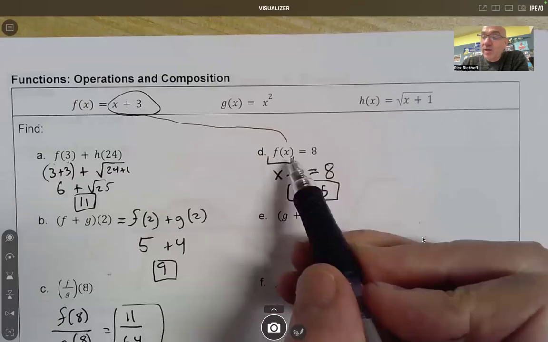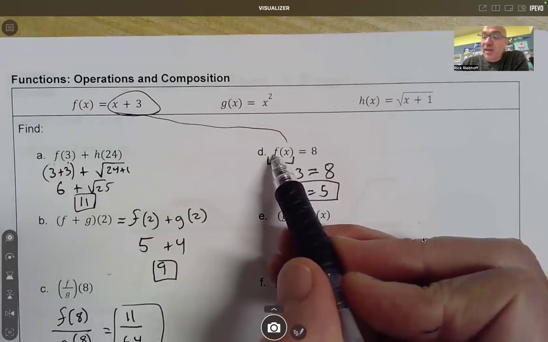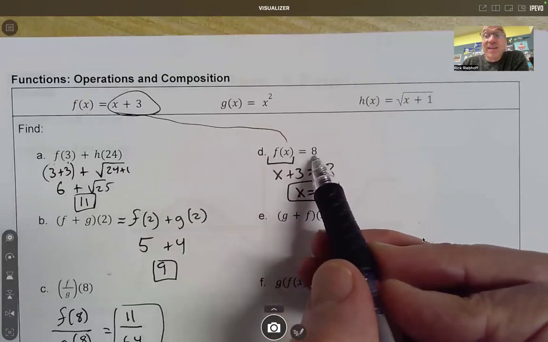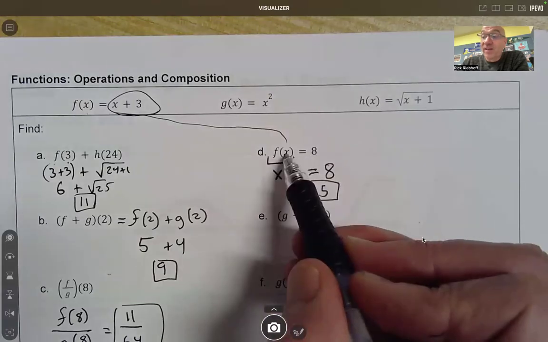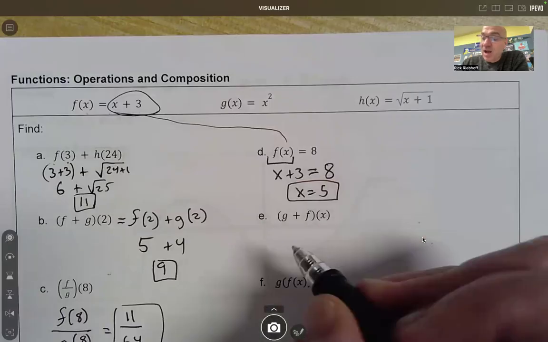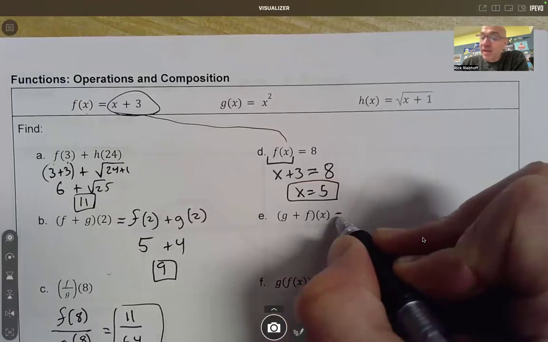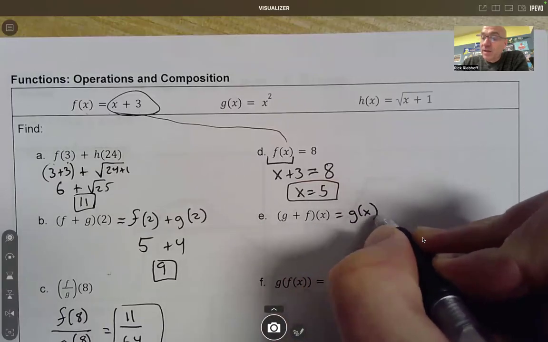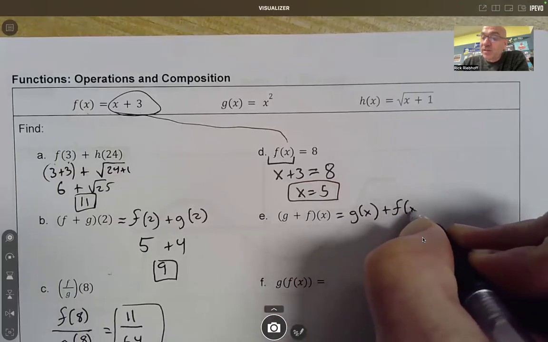Basically, this is saying, what do I need to plug into the F machine to have it spit out 8? If I plug 5 into the F machine, it's going to spit out 8. Make sense?